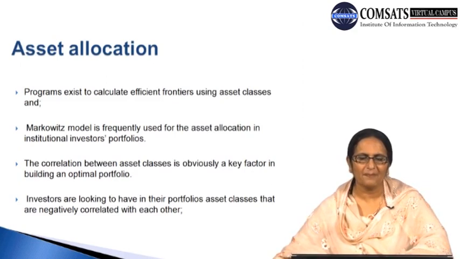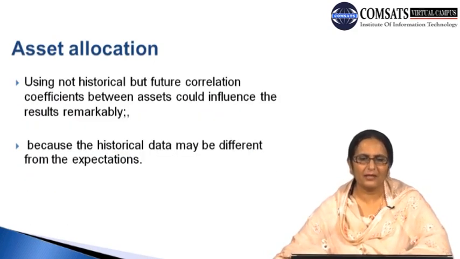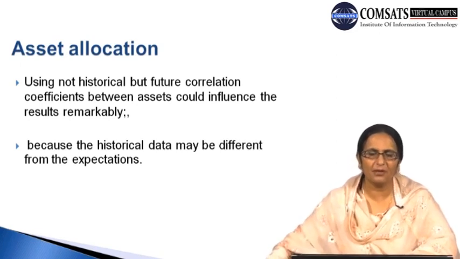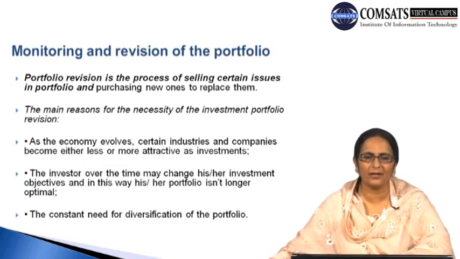According to Markowitz, investors are looking to have in their portfolio asset classes that are negatively correlated with each other. Using not historical but future correlation coefficients between assets could influence the results remarkably, and we can take the historical data as well as a future time period forecast to find out the relationship between the returns of the assets and to decide our portfolio items accordingly.